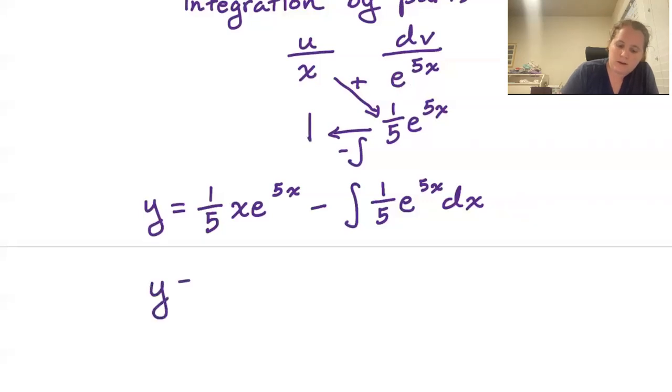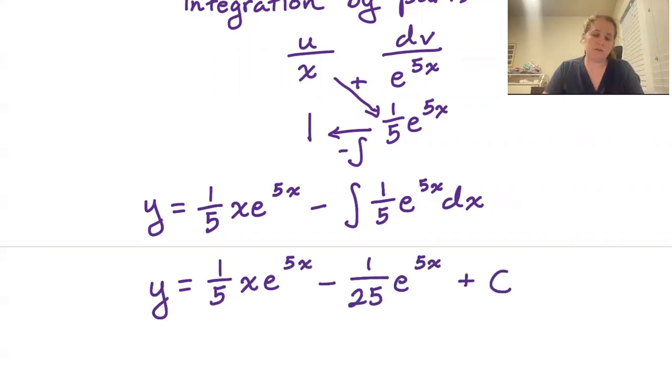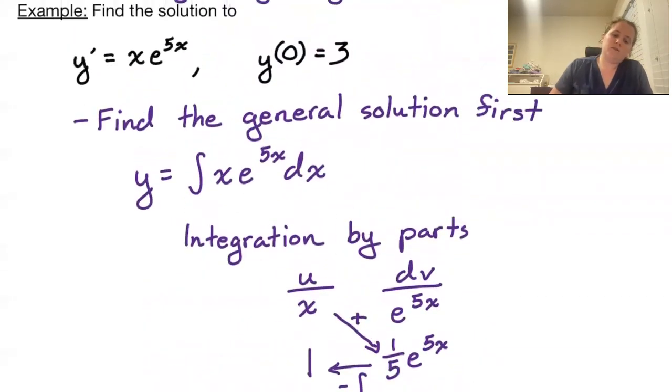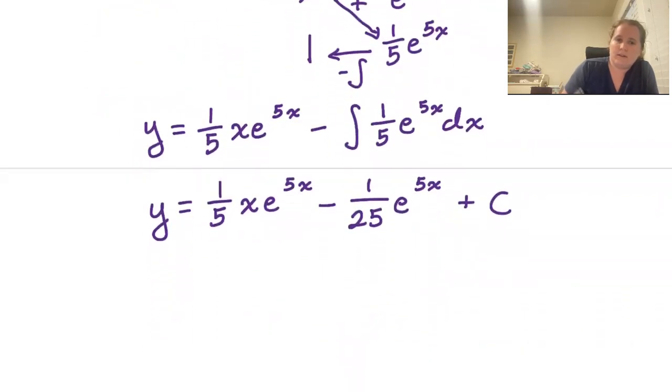So we have y is equal to 1/5 x e to the 5x. Then we have minus 1/25 e to the 5x, and then plus c. So this is our general solution. Our initial condition was that y of 0 is equal to 3. So from here, now we'll plug in the initial condition.